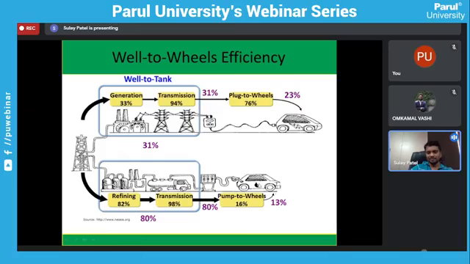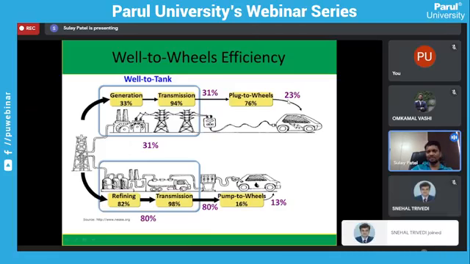So in this case we are wasting energy in the heat conversion, and in the other case the wastage of energy is over here. Ultimately, the efficiency at the output is 13% in the case of a petrol and diesel vehicle, and in the case of an electric vehicle, it is 23%.